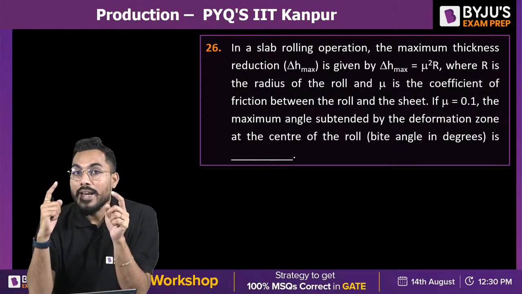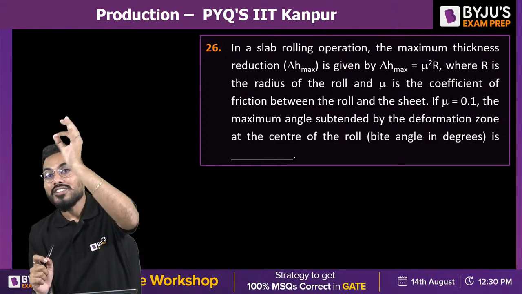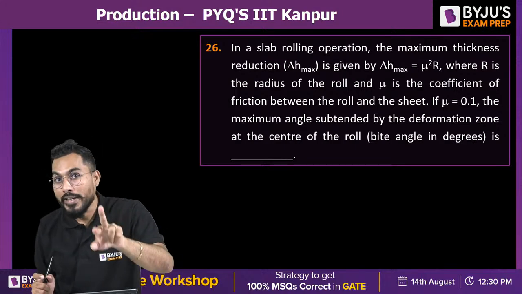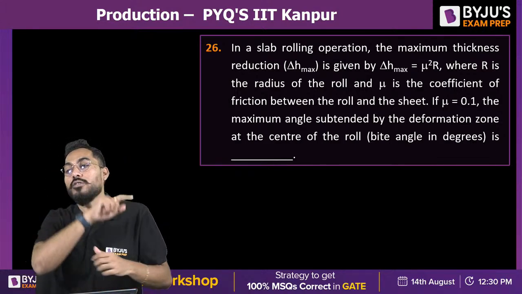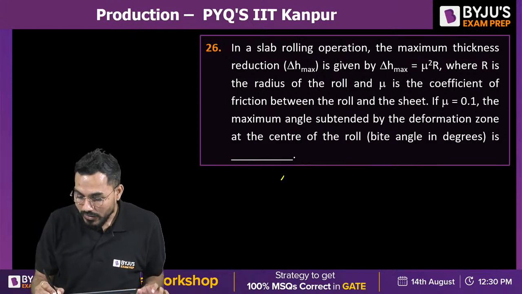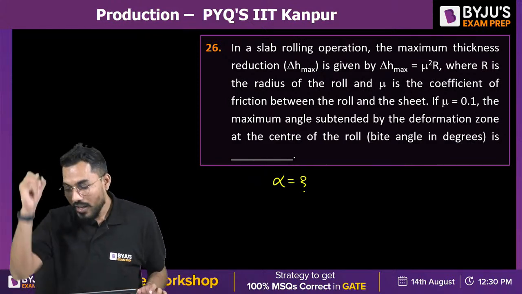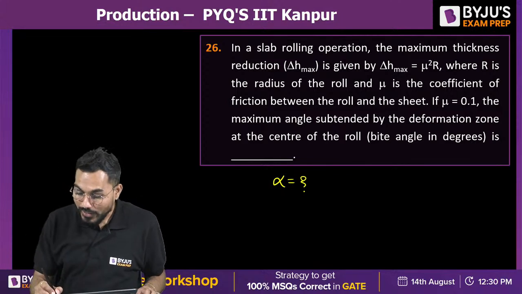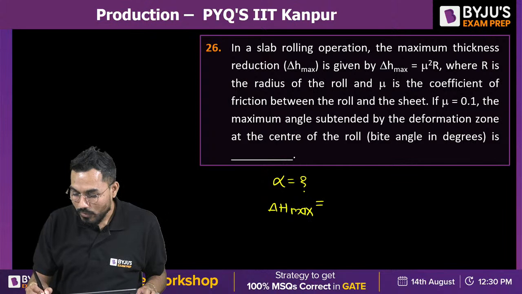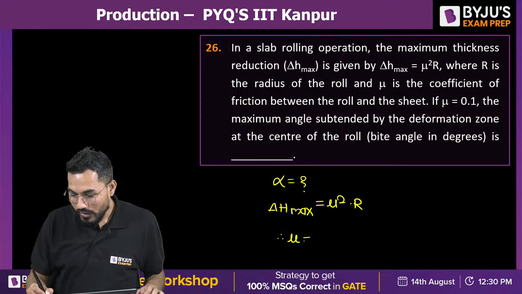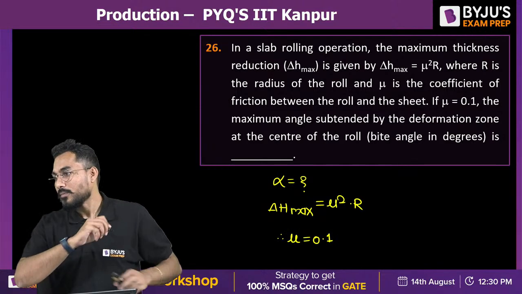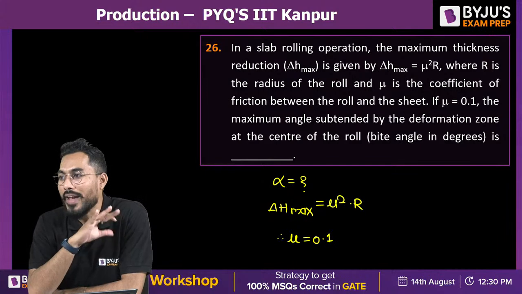The angle made by entry and exit point at the center of the cylindrical roller is called the angle of bite, bite angle, deformation angle, or angle subtended at the center of the roller. That angle is written as phi or alpha, which we are interested to calculate. Can you tell me what will be the answer here?